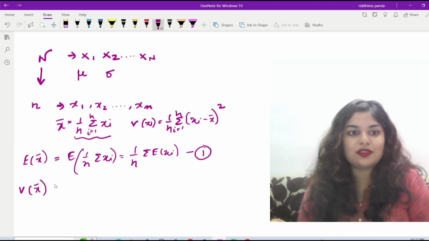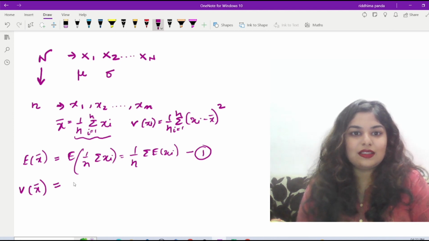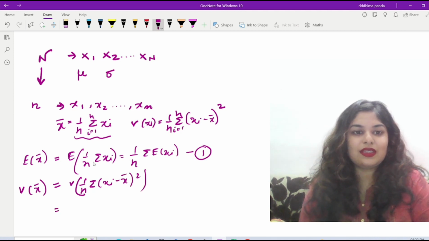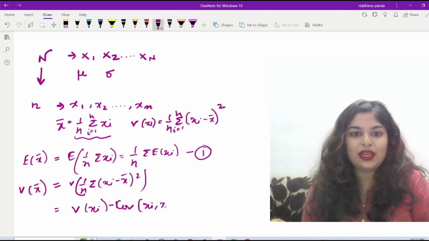And the variance of x bar is equal to V of 1 by n summation xi minus x bar whole square. Now this can also be written as, we know, variance of xi minus covariance of xi comma xj.